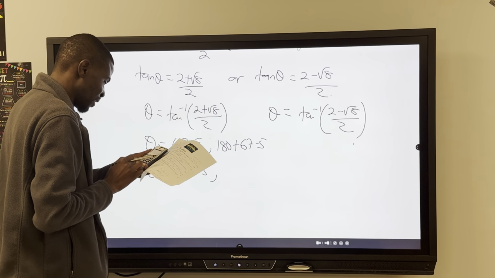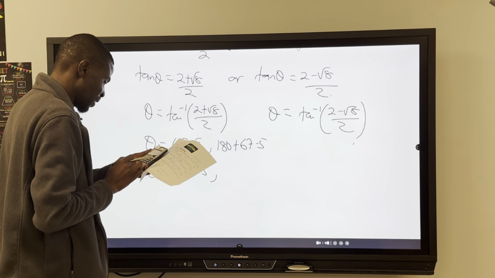So it's now arc tan of (2 minus square root of 8) divided by 2. So I'm getting negative 22.5.